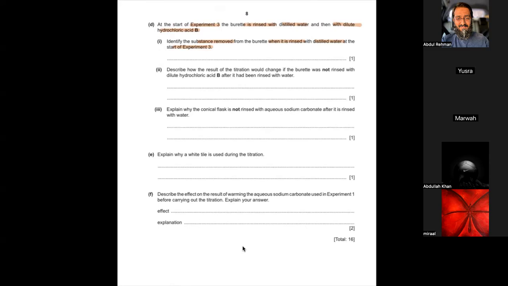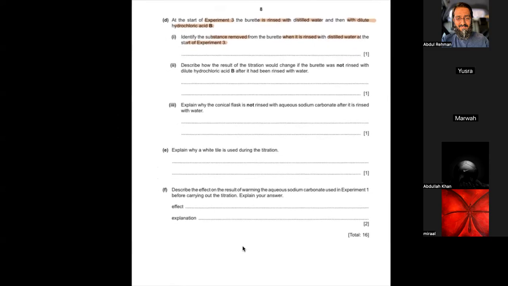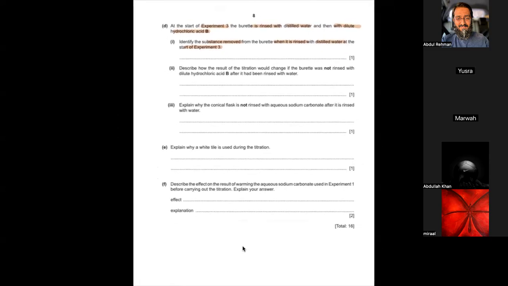So, before experiment 3, in the burette, what were we using? We were using hydrochloric acid A, right? Yes. So that's why we are rinsing with water, to remove hydrochloric acid A.